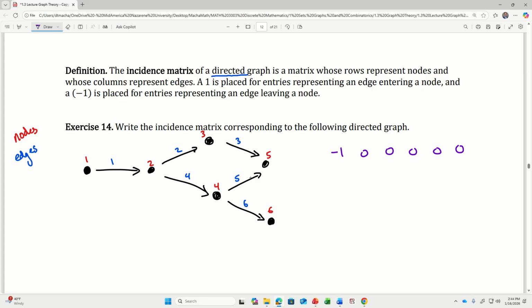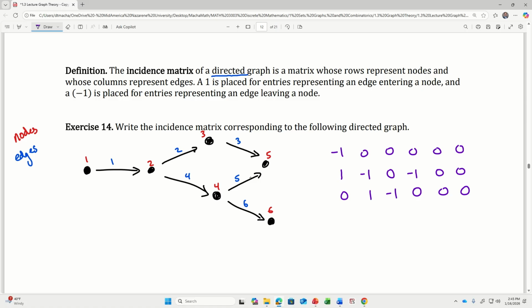The second row is going to be the second node. Edge 1 is going in, edge 2 is going out, and edge 4 is going out. For the third row, it's node 3. 2 is going in, 3 is going out.